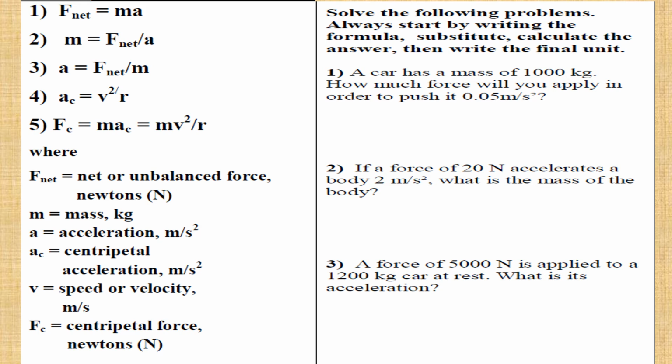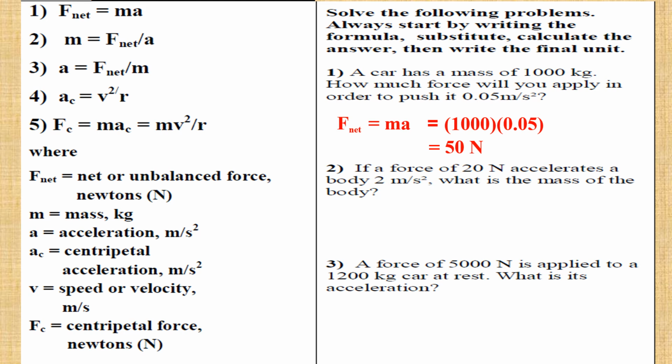So we are asked to find the force. The formula is F net equals mass times acceleration. Substituting for mass, which is 1,000 kilograms, and acceleration, which is 0.05, we have 1,000 times 0.05 equals 50 newtons.